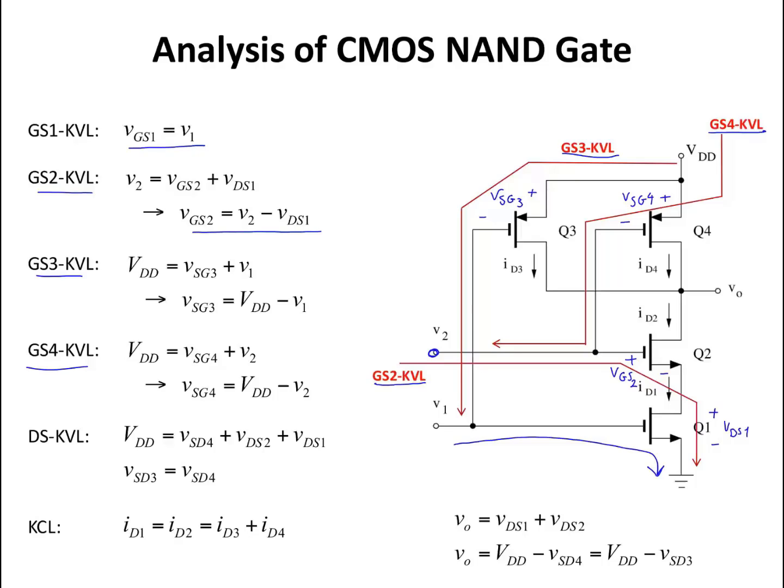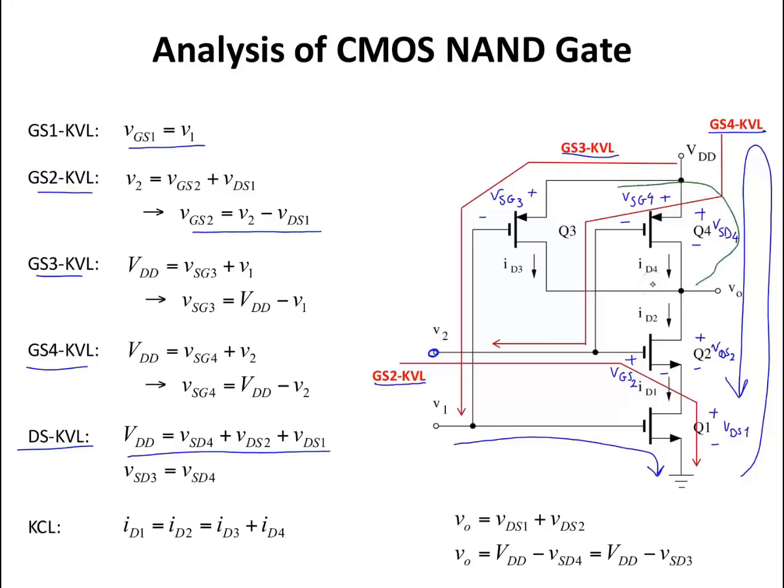The other KVL that we have is for this loop in here, and that gives me the drain to source KVL equation, which is VDD equals VSD4 plus VDS of transistor 2 plus VDS of transistor 1. If I write the small loop in here, it tells me that VSD3 equals VSD of 4.